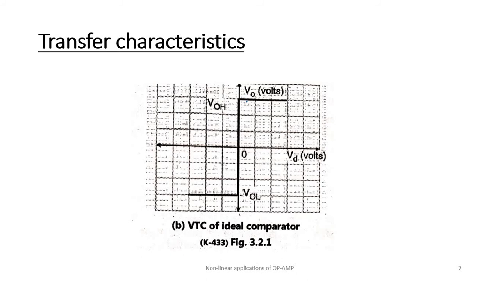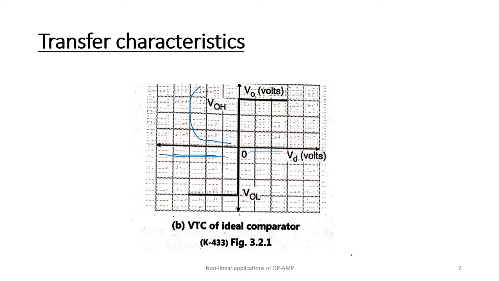The VTC can be expressed mathematically as VO equal to VOH for all VD greater than 0, and VO equal to VOL for all VD less than 0. So we conclude that if VD is positive, then the output voltage is VOH, and if VD is negative, then we get the voltage VOL.